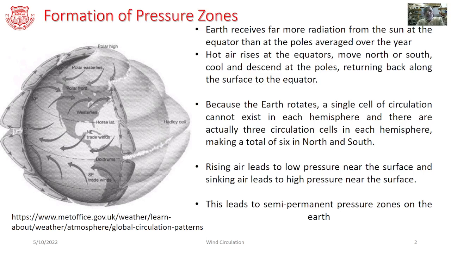As we consider the placement of the Earth in relation with the Sun, it receives far more radiation within the equatorial region as compared to the polar regions, averaged over the year.